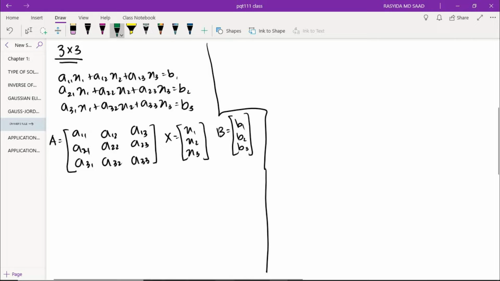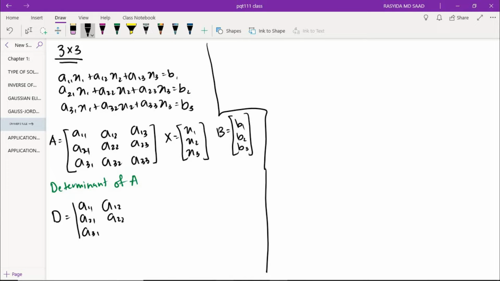The determinant of matrix A, so it would be D is equal to a11, a21, a31, a12, a22, a32, a13, a23, a33.